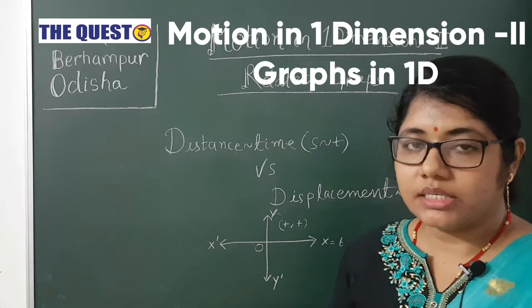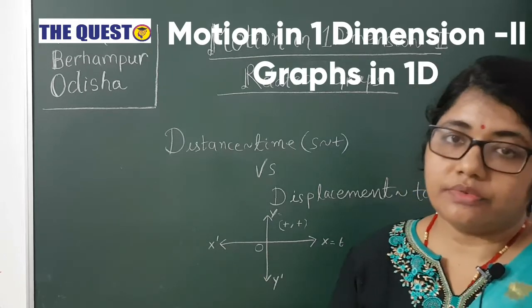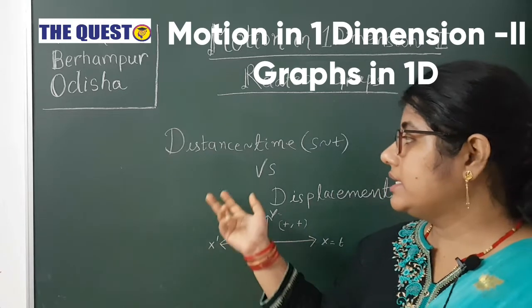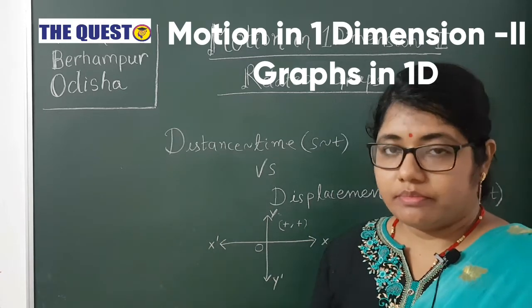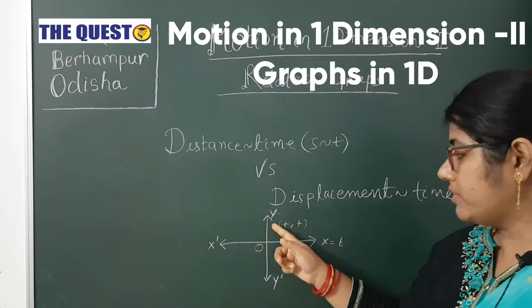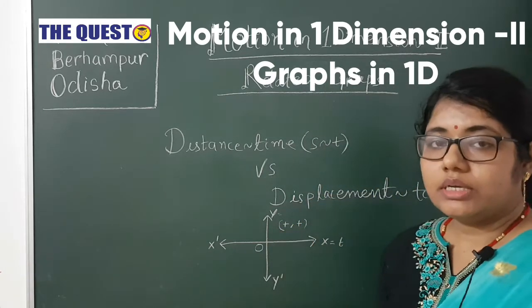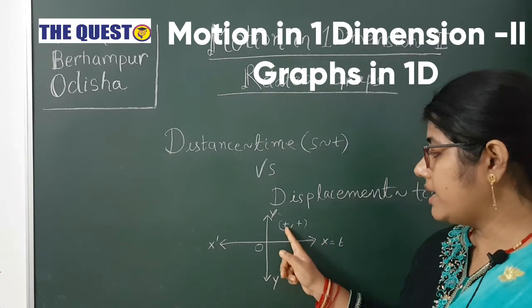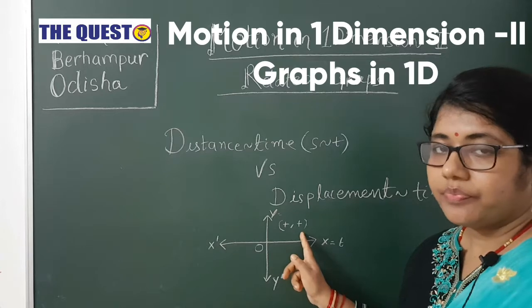Scalar quantities will have only positive values, no negative value. Therefore, if we consider distance and speed in a one-dimensional graph, then it will be confined within the first quadrant only, because here the x is positive and y is also positive.